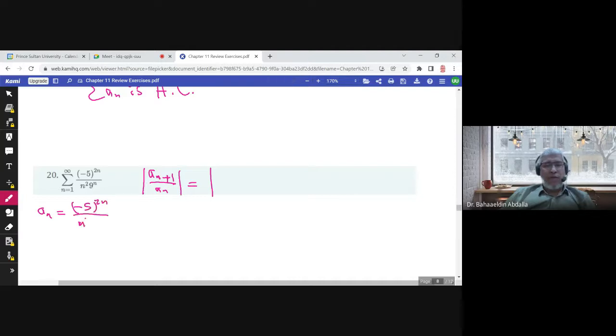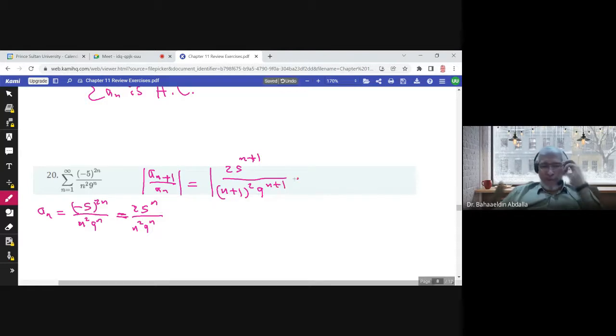I'd like to write it in an easier way, because this is negative 5 to the power 2n. So I can write it as negative 5 to the power 2, all to the power n, and negative 5 to the power 2 is 25. So in fact, I have 25 to the power n, all over n square times 9 to the power n. So an plus 1 would be 25 to the power n plus 1 over n plus 1 to the power 2 and 9 to the power n plus 1. This is an plus 1 over an.